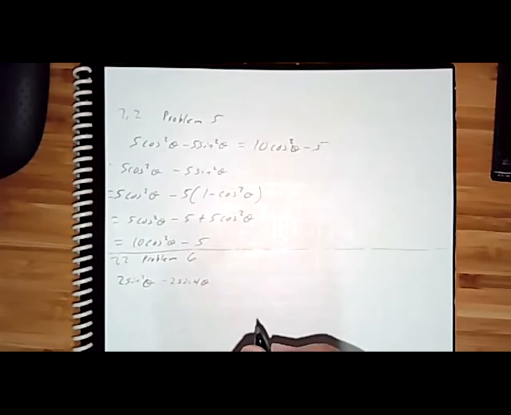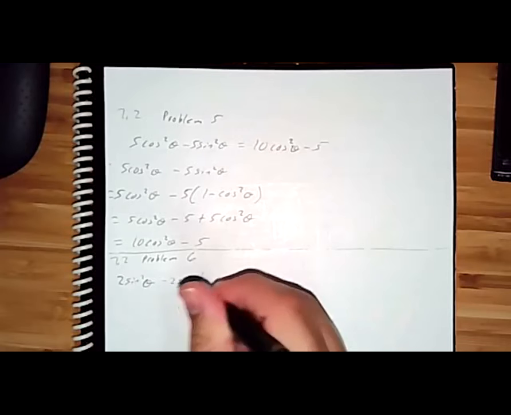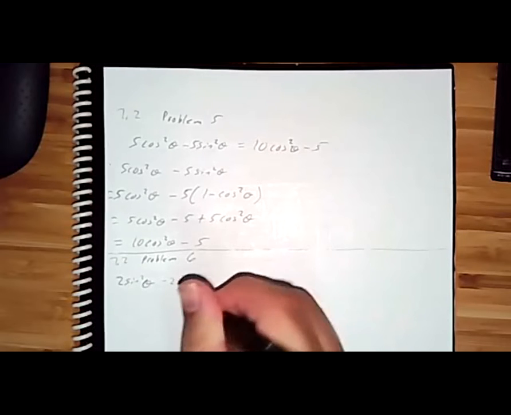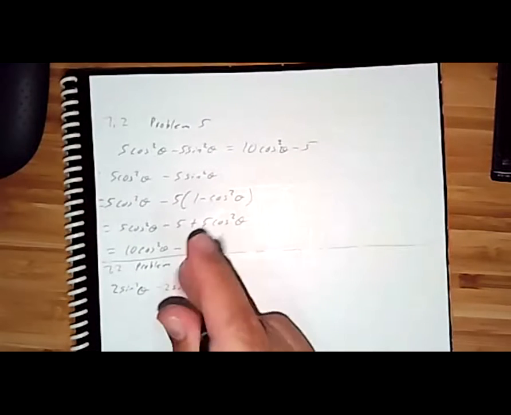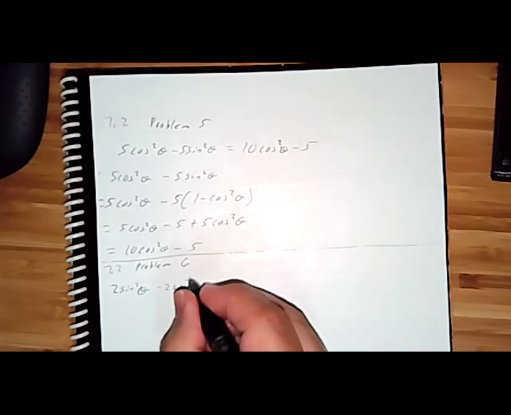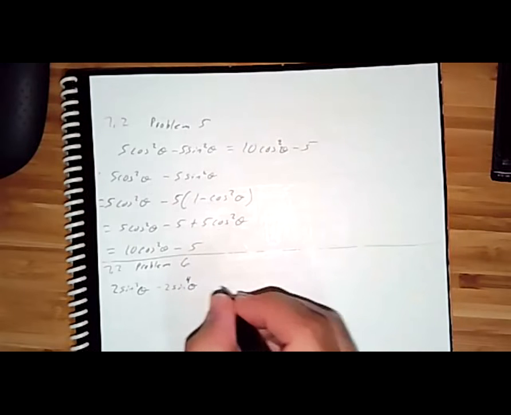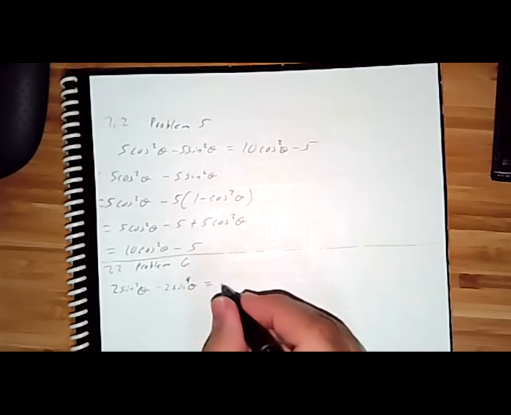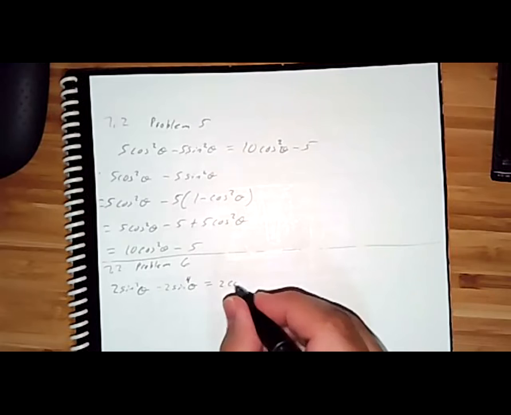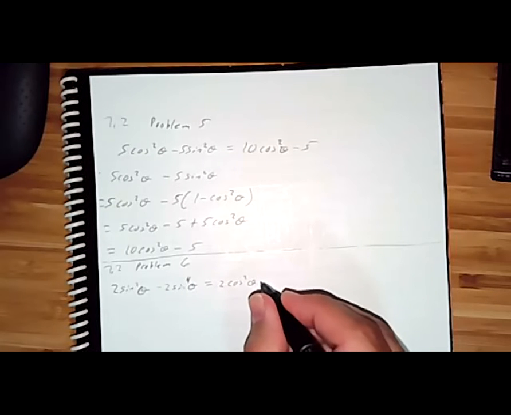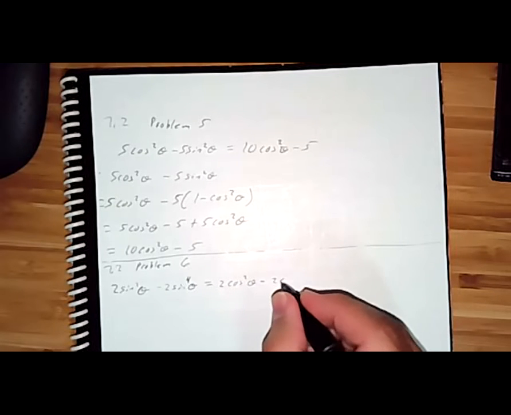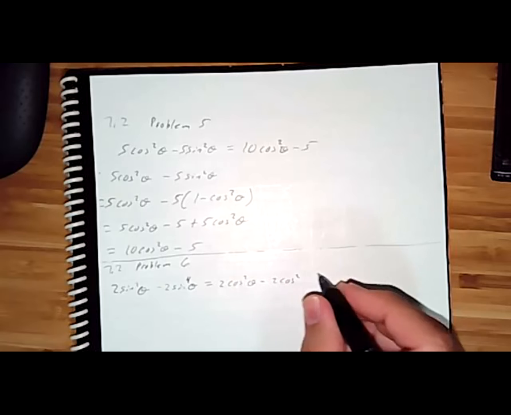Oh, no, exponent 4. Oh, sine to the fourth. Okay. Yeah. Equals 2 cosine squared theta minus 2 cosine to the 4th theta.